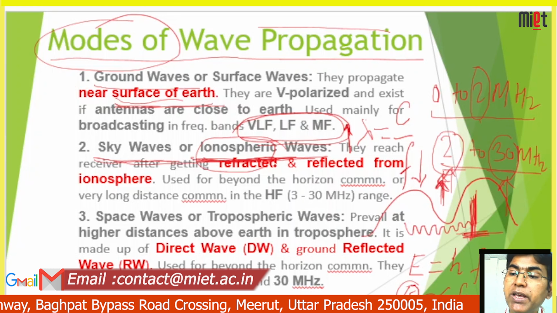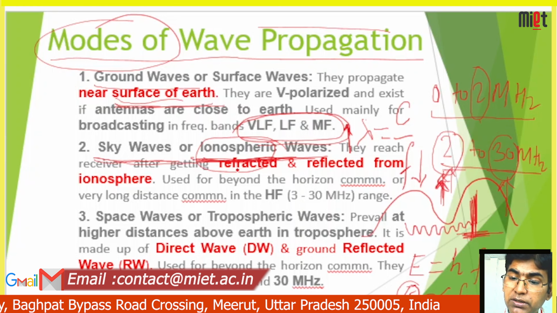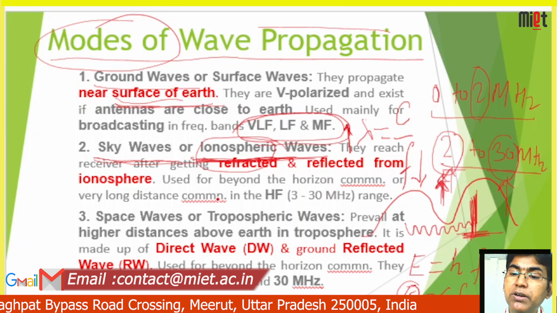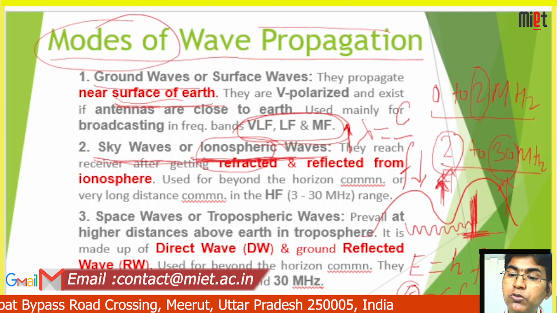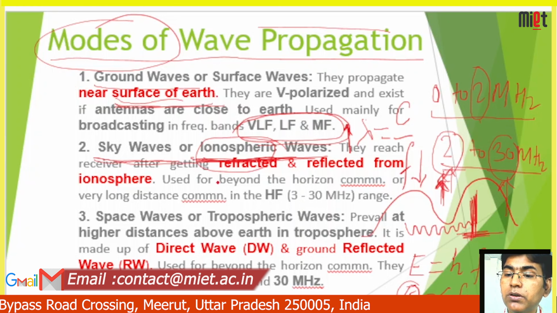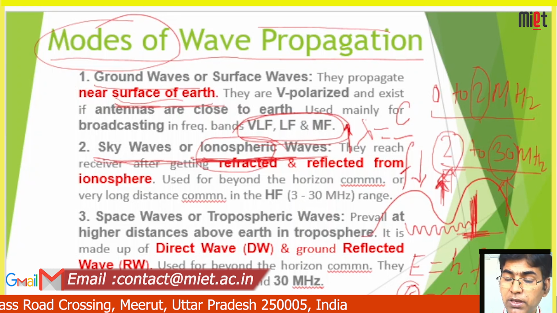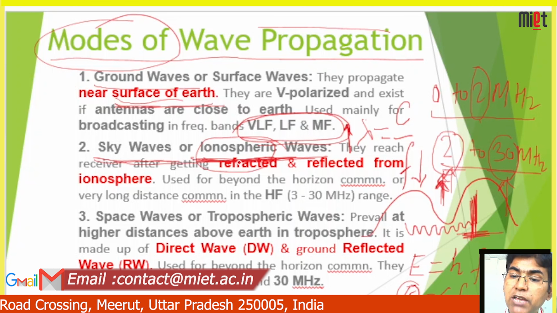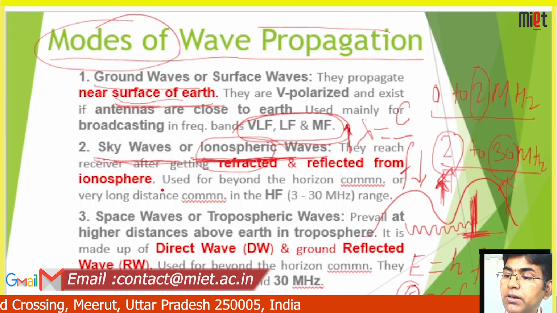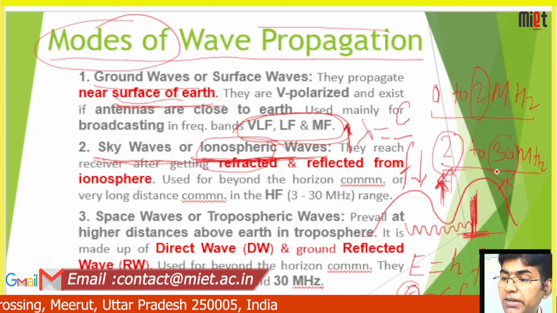If energy is very high, then that signal might penetrate the ionosphere of the atmosphere and enter into the space and never return. So that energy should not be used in the skywave. So the maximum limit of frequency is 30 megahertz.